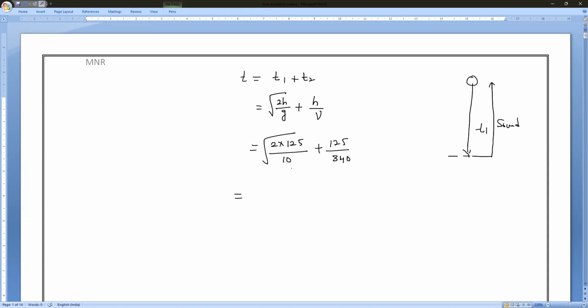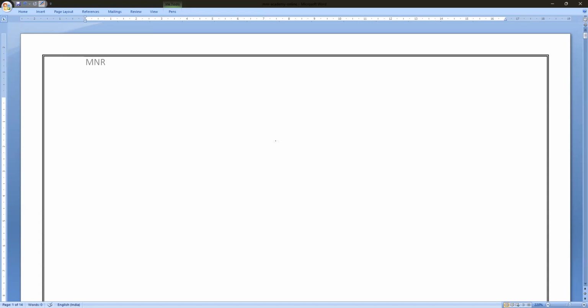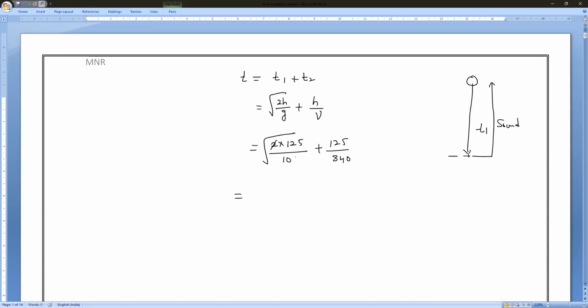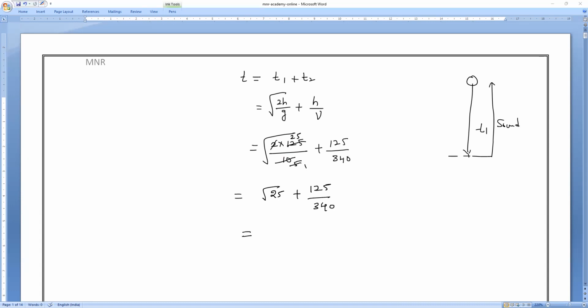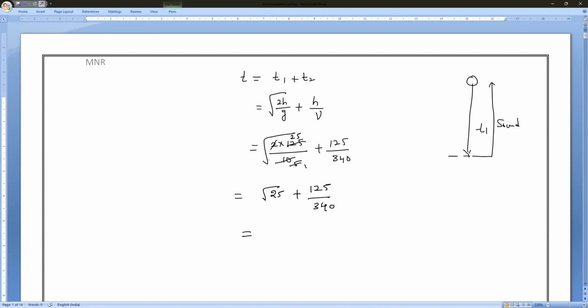So which is equal to how much? 2 ones are 2, 2 fives are 10, 5 ones are 5, 25s are. So root 25 plus 125 divided by 340. Root 25 means how much, guys? Yes, 5 square, so 5 and root will get cancelled.